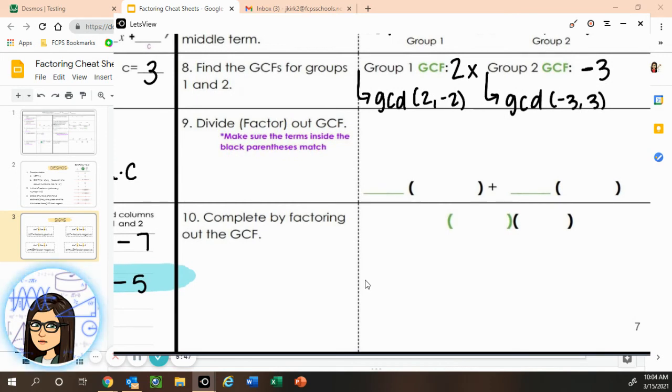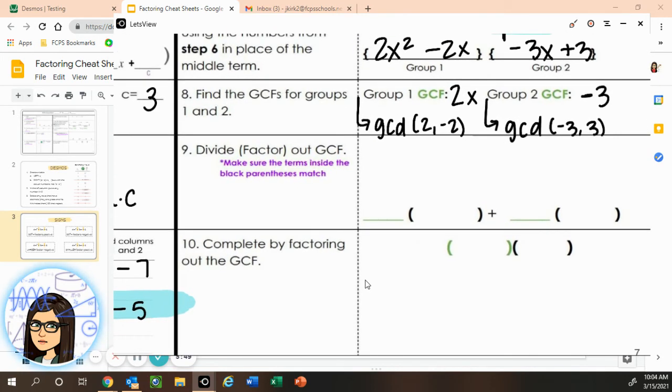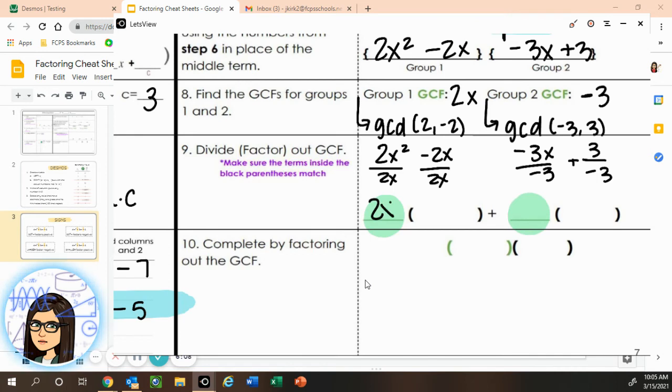All right, on to our last 2 steps. This is so exciting. Step 9, we are dividing out our GCF from both pairs. Let me just copy all of these down. Remember, when we divide out our GCFs, we're going to put them out front. So we have a 2x and a negative 3.